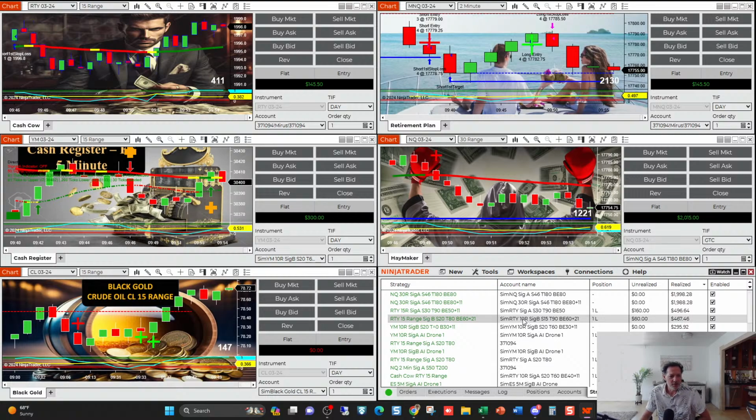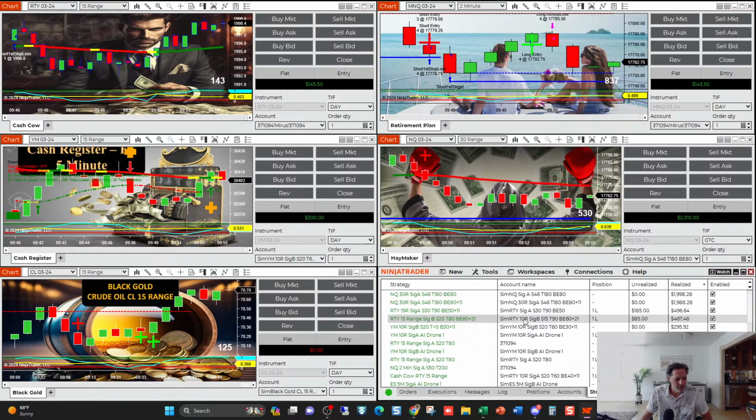I've kind of tried to put the naming in a way that I can understand it. So it's RTY 10 range signal B because we have the two signals. So signal B, then the stops are set at 15 ticks, the target's set at 90, and then break evens at 60 plus 21 ticks.